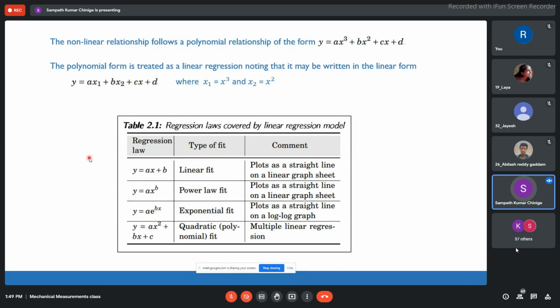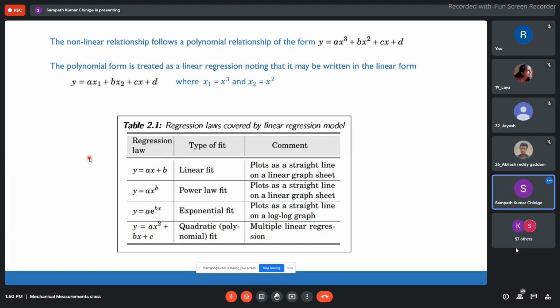Suppose y equals a x power b. If the equation is set like this, then it is a power law fit. We say that we have fitted a curve which follows the power law, taking an exponential power. We can also draw this as a straight line on a logarithmic graph sheet, and on a linear graph sheet it will be very steep, like an exponential thing.